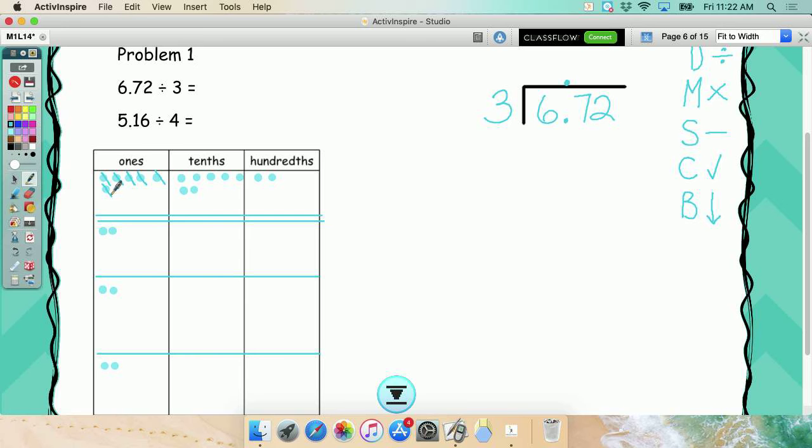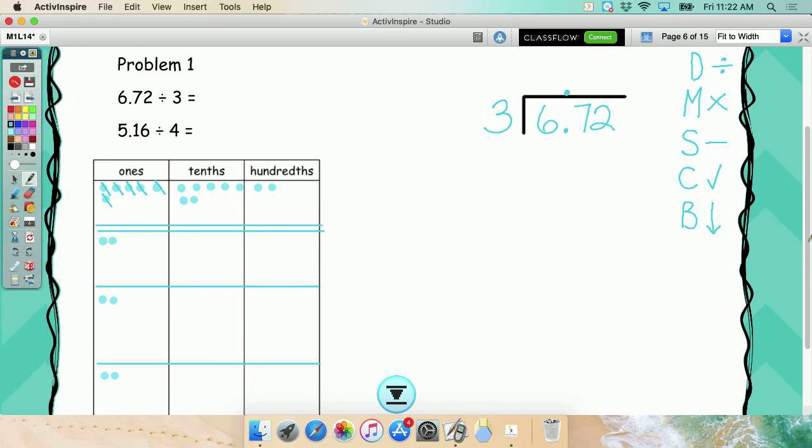Now, what does that look like on the standard algorithm? I'm getting ready to explain it. So, you know when I put 2 in each group, that was actually dividing, wasn't it? So what number do you think I'm going to write on top of the 6? The 2. Now I have to multiply.